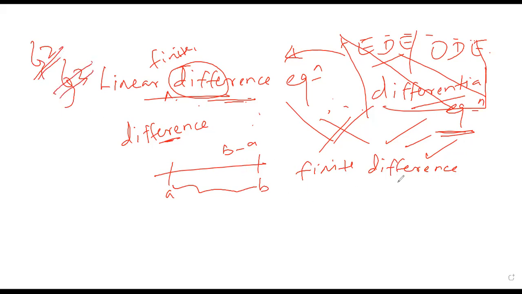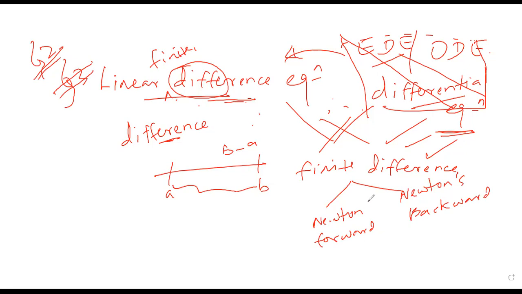Finite difference, in the sense we have studied, has two different ways. For example, Newton found some methods, which we call Newton's forward differences as well as Newton's backward. You know what it means, isn't it? Forward means we go from A to B. This we call forward.